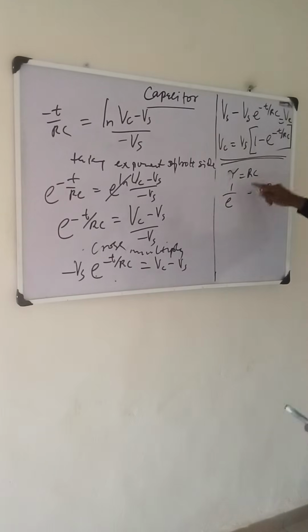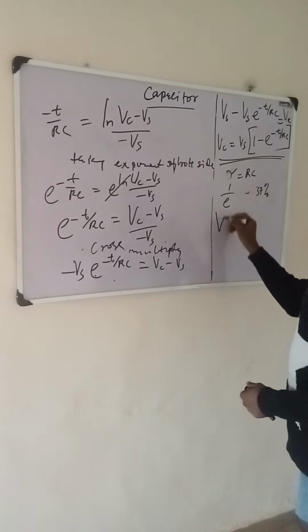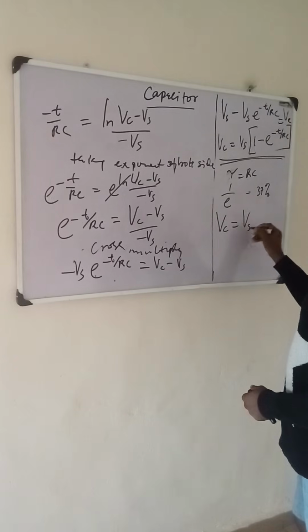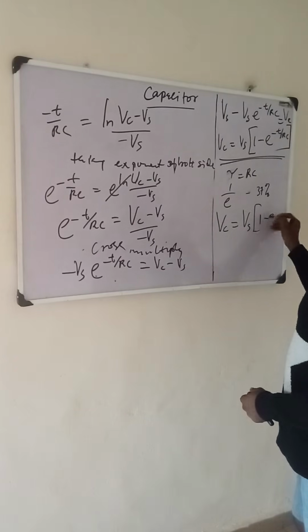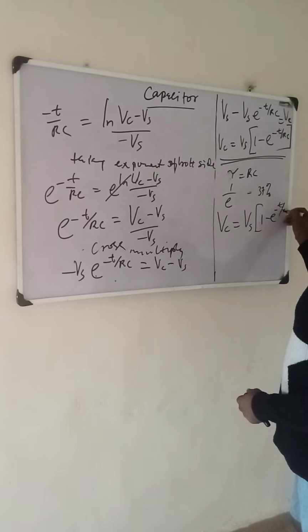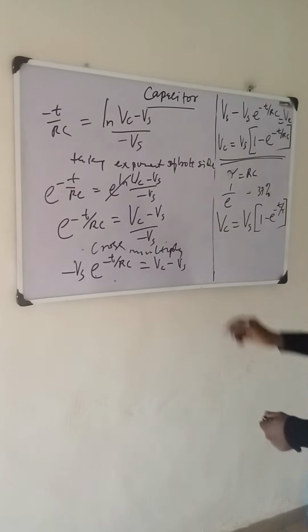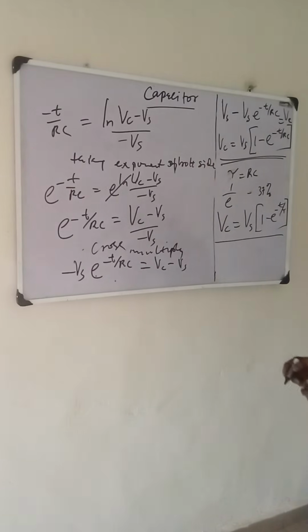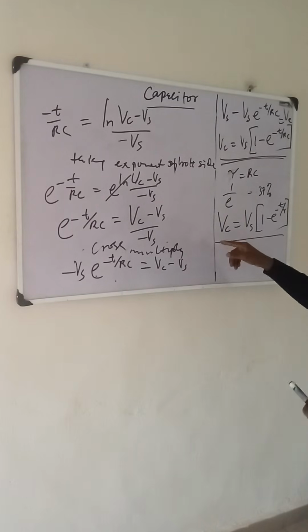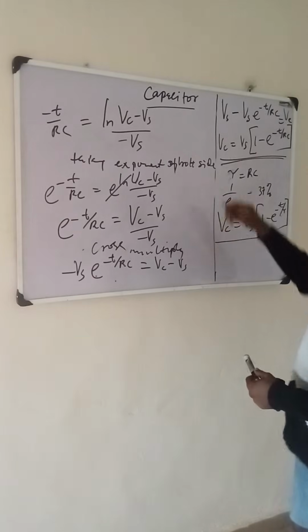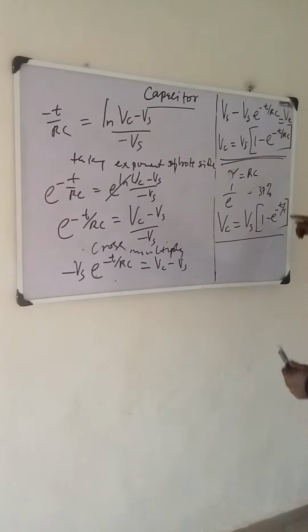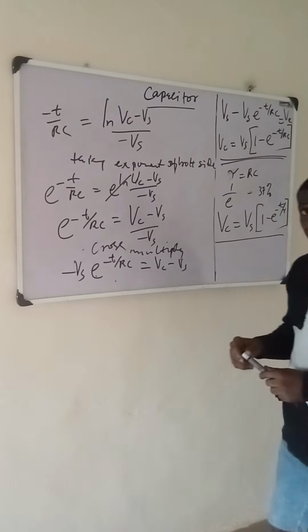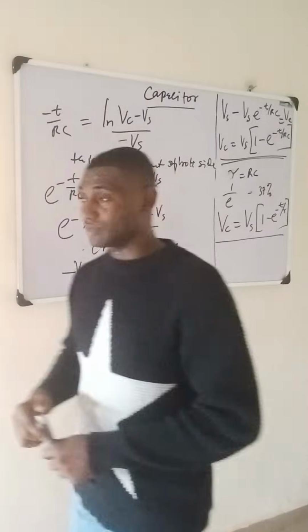So if we put this tau into the equation, we have Vc equal to Vs times (1 minus e to the negative t all over tau). This is the equation to determine the voltage across the capacitor when the time is mentioned. Once you mention the time, this equation will do the justice for that problem.